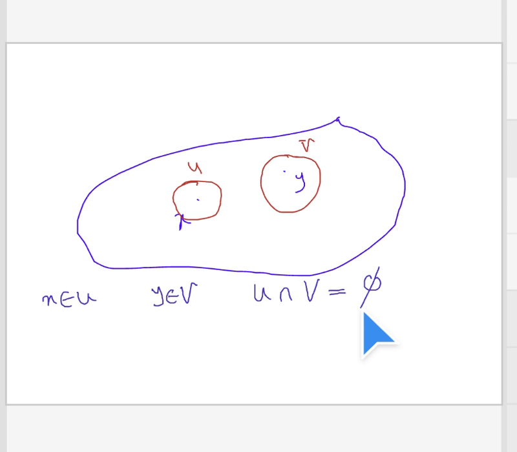For every two points, for example, this is z, this is w, this is p, we must find open sets that contain them and that are disjoint.